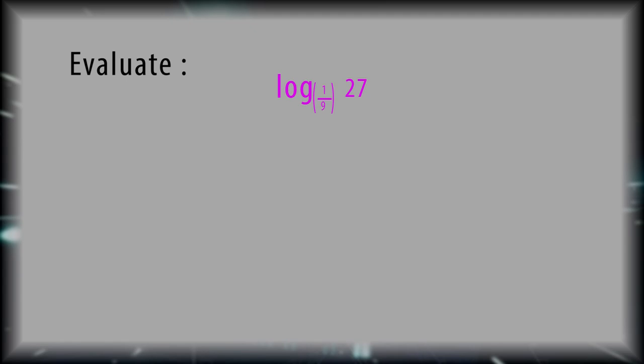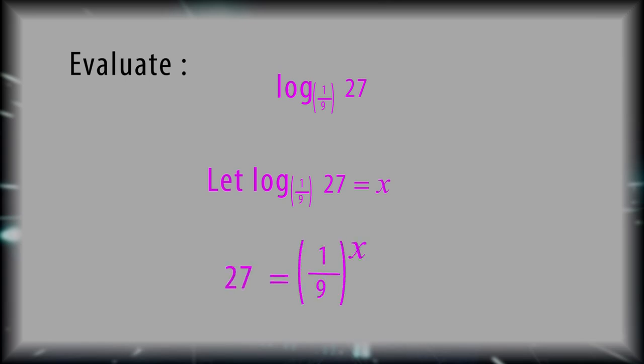Now the next question says log base 1 over 9 of 27. We have to evaluate that. Remember, first thing, we let log base 1 over 9 of 27 be equal to x. Then we write the expression in index form. So we get 27 equal to 1 over 9 raised to the power x.